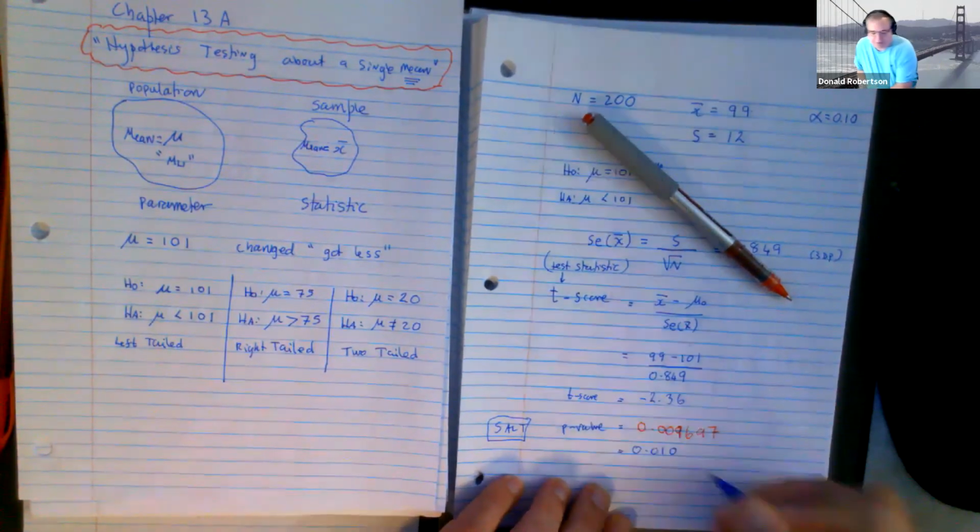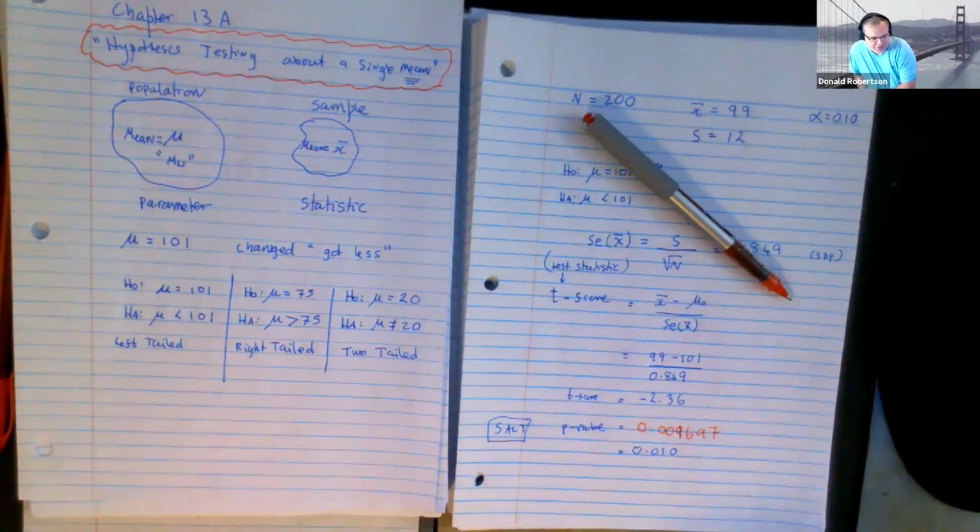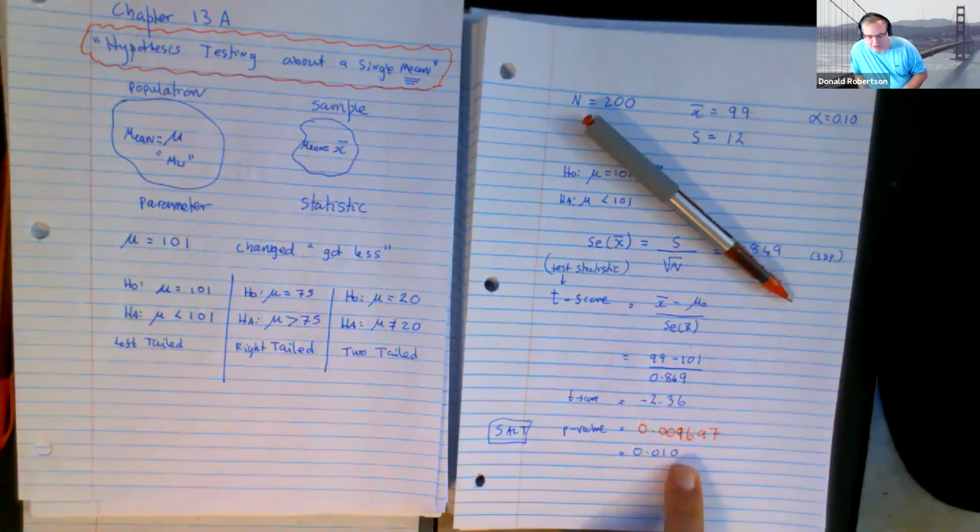Are you happy that to 3 decimal places, 0.009697 rounds up to 0.010? Are you comfortable with that? It's a little bit weird looking, but that's rounding off. Now you might say, why do I even bother with the 0? Well, normally if you round off to 3 decimal places, you should show that by having 3 digits. That's all, right?